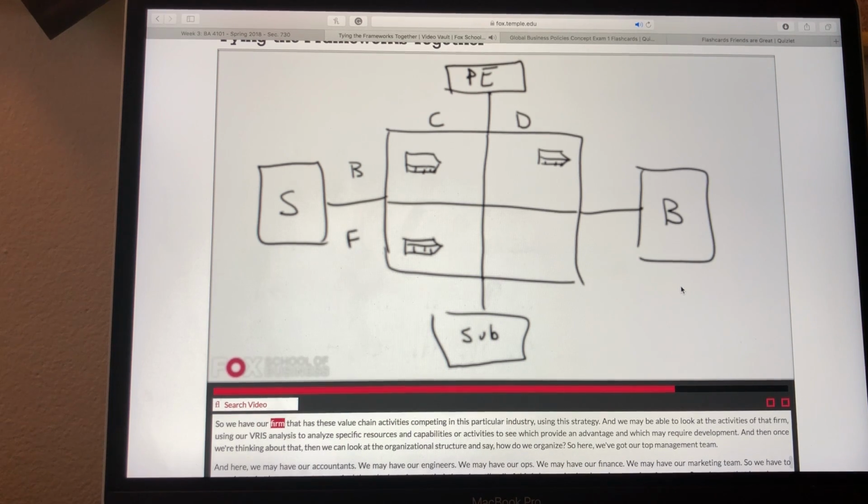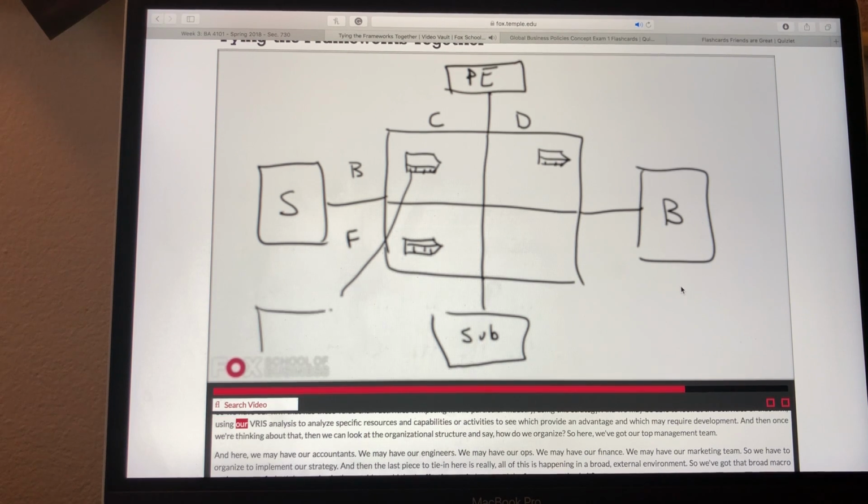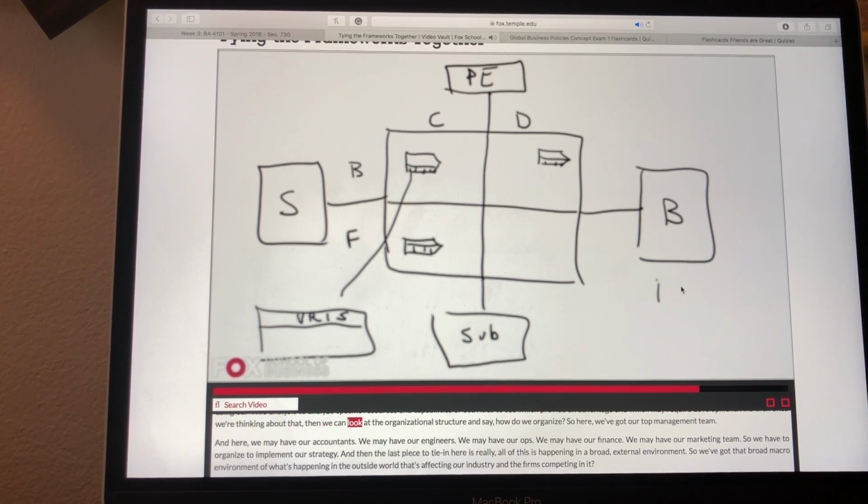Okay, so we have our firm that has these value chain activities, competing in this particular industry using this strategy, and we may be able to look at the activities of that firm using our VRIS analysis to analyze specific resources and capabilities or activities to see which provide an advantage and which may require development, right? And then once we're thinking about that, we can look at the organizational structure and say, how do we organize?